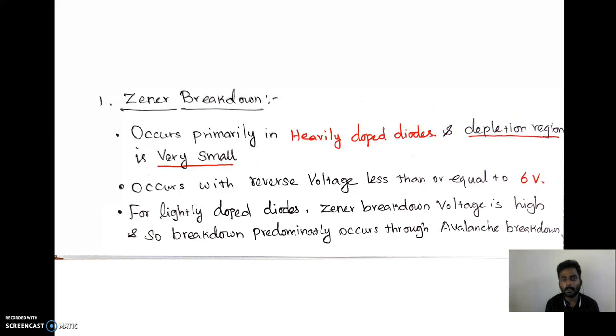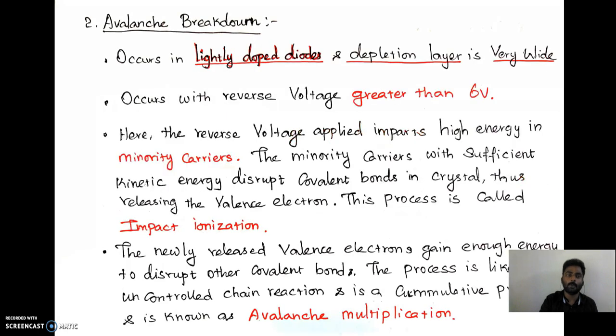And for lightly doped diodes, the Zener voltage will be very high, so breakdown predominantly occurs through avalanche breakdown. So here itself we can understand one difference: Zener breakdown occurs when it is highly doped, and avalanche breakdown occurs when it is lightly doped.